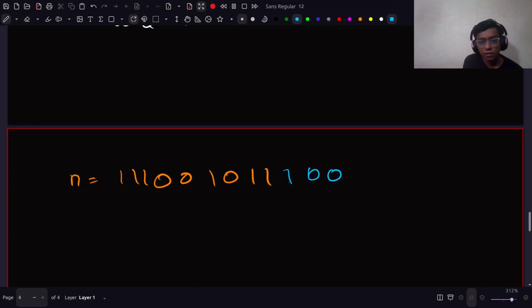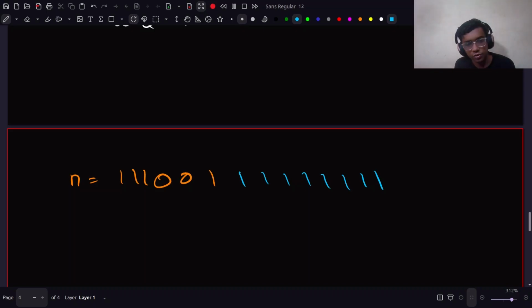Now if you add one again, this becomes one, add one again, and then we have 1, 0, right? And add another one, this becomes 1, 1, and so on, it starts counting up. As it counts up slowly, it will reach a number which looks like this.